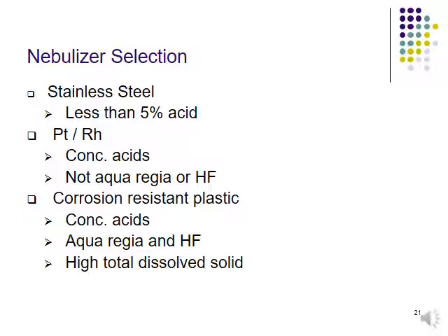We can also use platinum, which can handle a high concentration of acids. Next is corrosion resistant plastic, which we use with very concentrated acids, like aqua regia and HF. These are the things that we will use as a nebulizer.